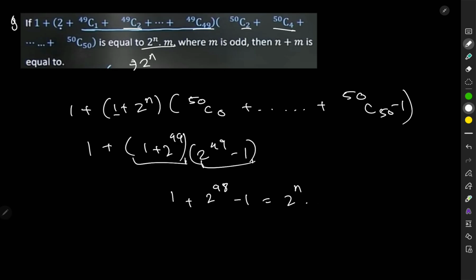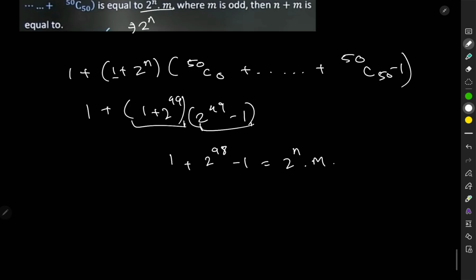So this and this will get cancelled, and 2 to the power 98 multiplied by 1. So 98 plus 1 is 99.